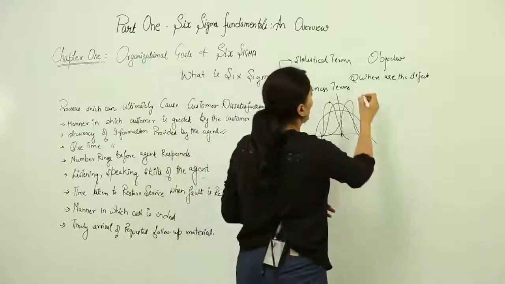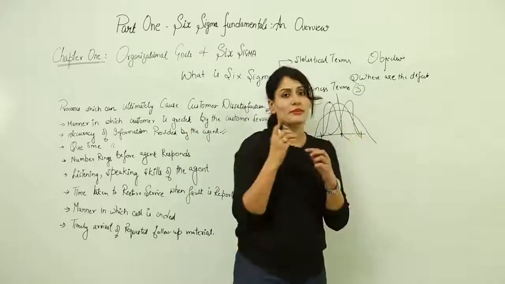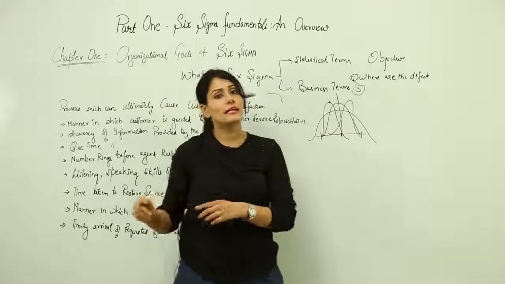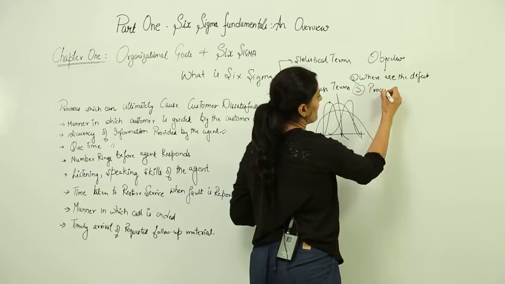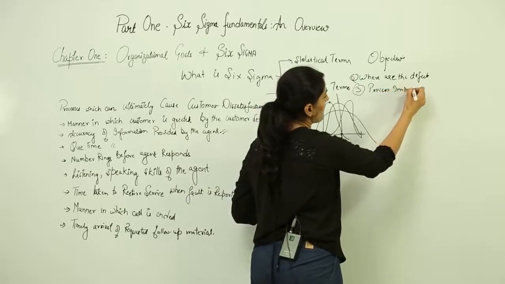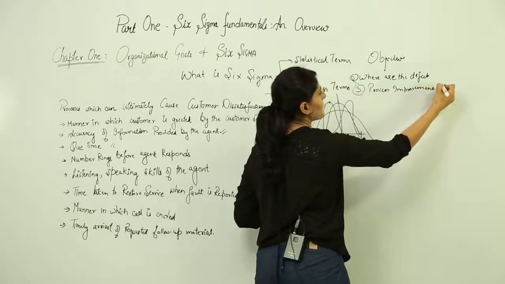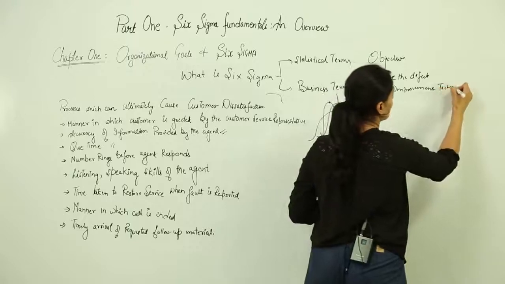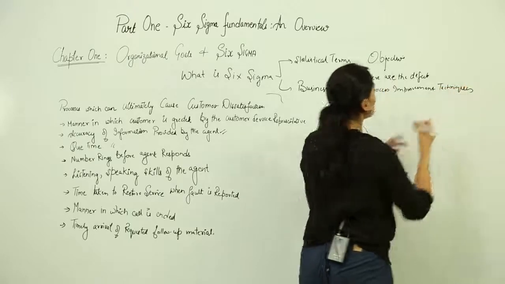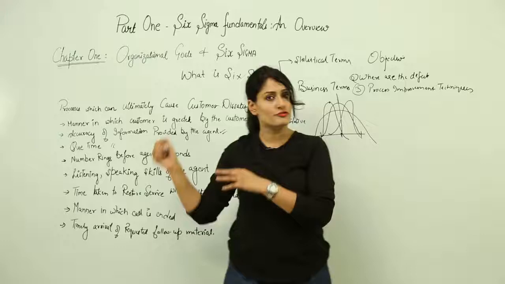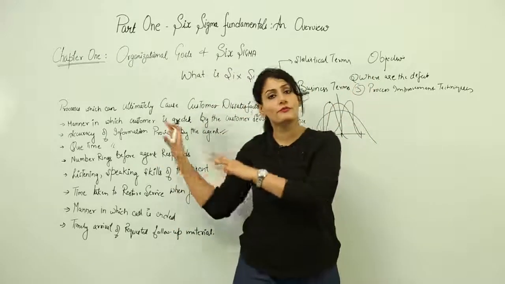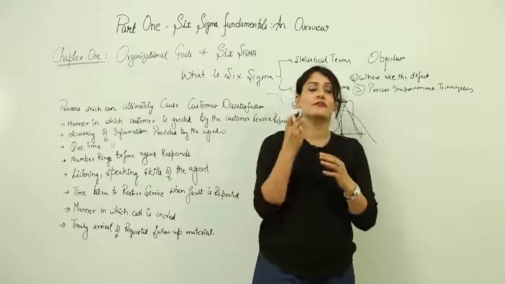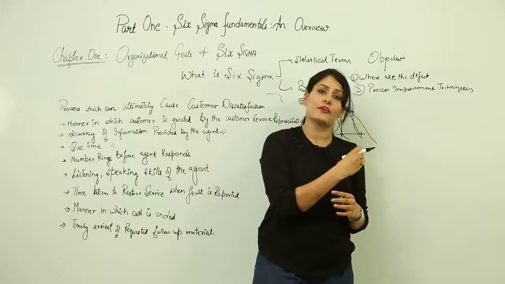And then you have to devise ways, or process improvement techniques, so that you can fix these defects. So your objective is first to study this process, then find out where the defects are, and finally devise ways to fix those defects.